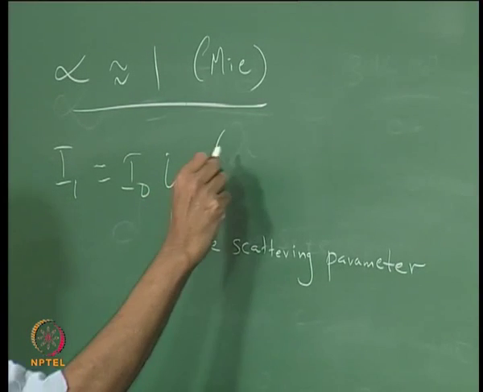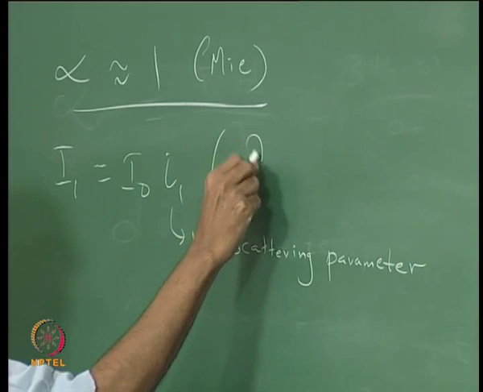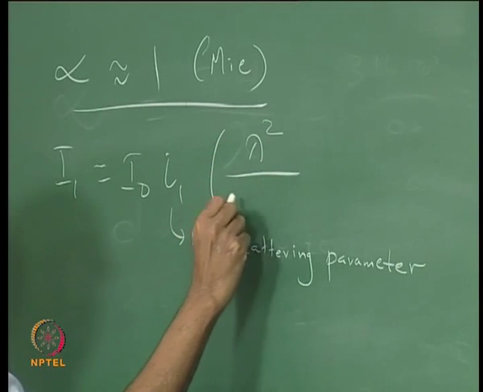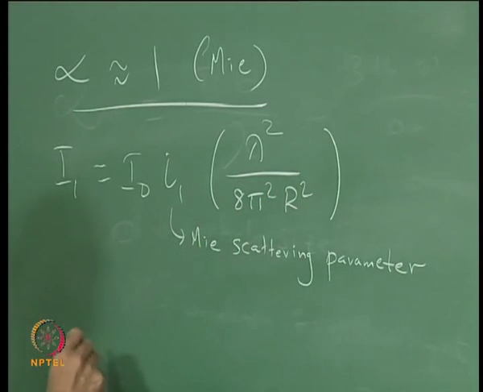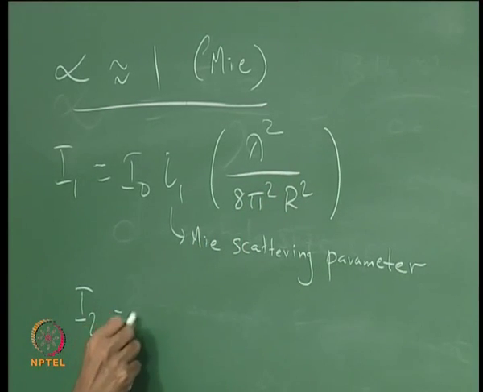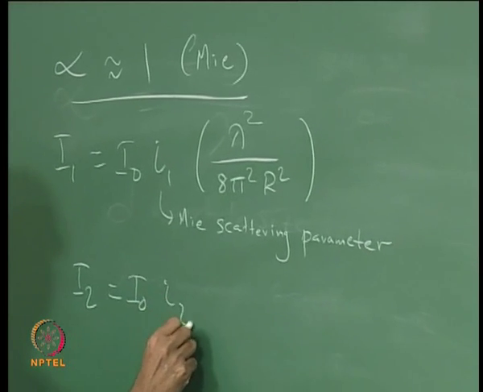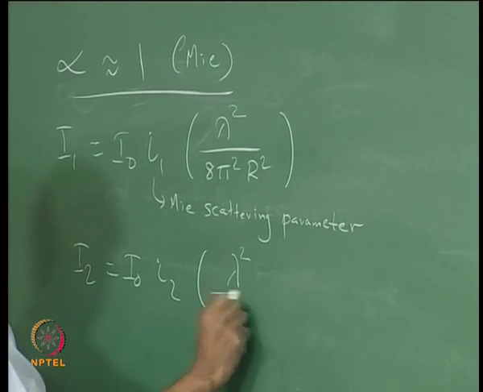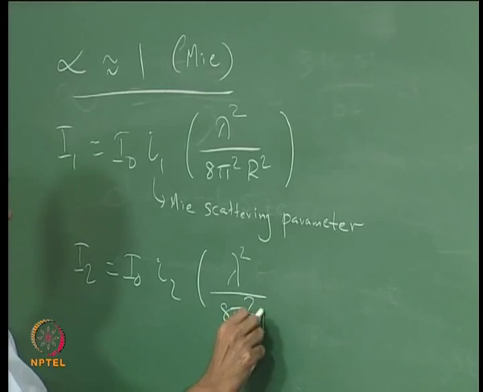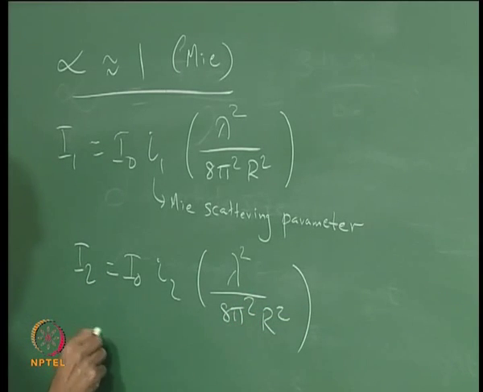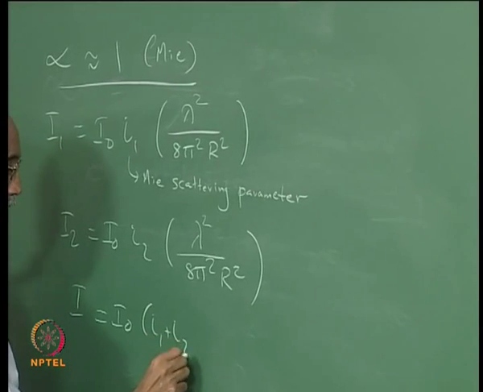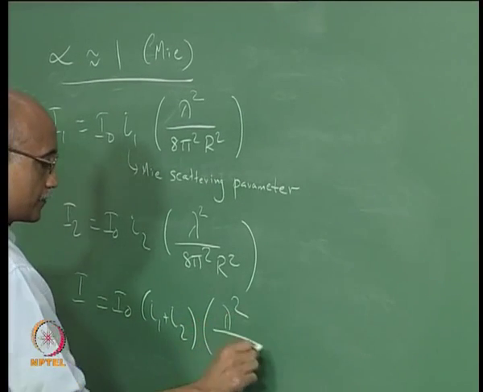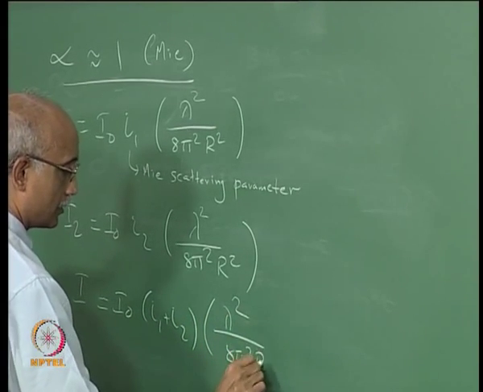And the actual expression then becomes I1 equals I0 times i1 times lambda squared over 8 pi squared r squared. And similarly I2 equals I0 times i2 times lambda squared over 8 pi squared r squared. And so I equals I0 times i1 plus i2 times lambda squared by 8 pi squared r squared.